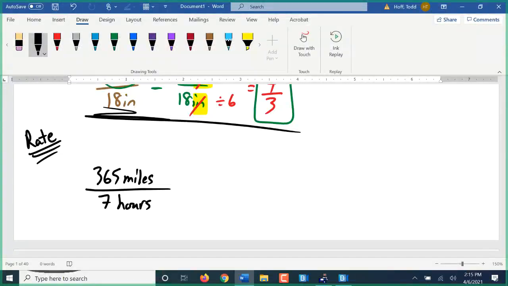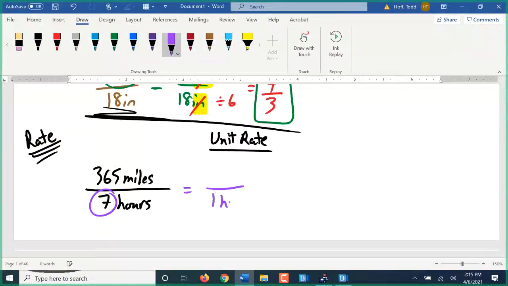The second big difference is that a rate is almost always expressed as something called a unit rate. What a unit rate means is the second number is reduced to a 1. So instead of per 7 hours, this is per 1 hour. And the way we accomplish that is we just divide both numbers by that numerical value.